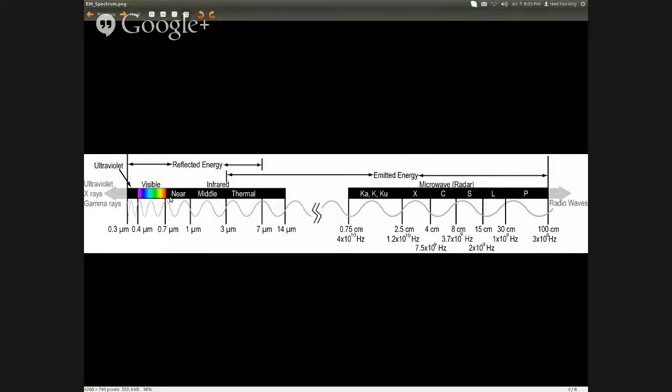Some people call it short wavelength infrared. There's certainly useful applications for that. Some satellites have mid-infrared bands that are useful for a number of reasons, some of them monitoring water content and things like that. And then we get into the thermal.